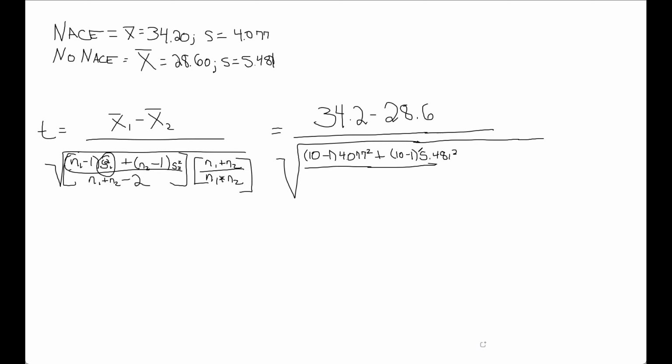And all of that is over, sorry, I have a lot of room here, all of that is over n1 plus n2 minus 2, which is basically your degrees of freedom, in brackets, because there's a whole other part, but it's actually a really easy part: n for the first group plus n for the second group over n for the first group times n for the second group.